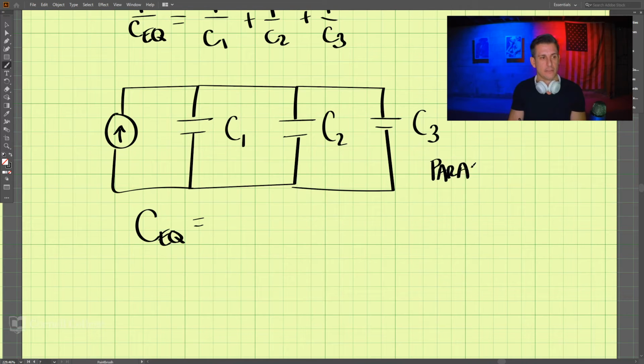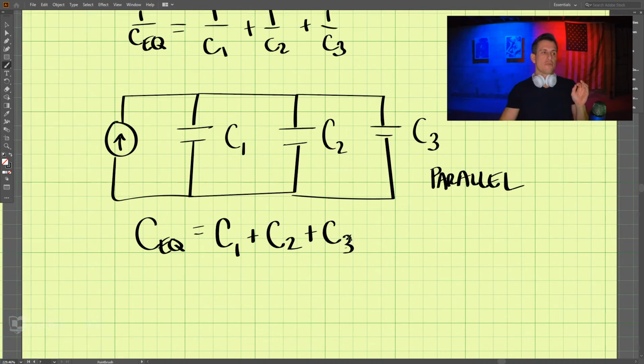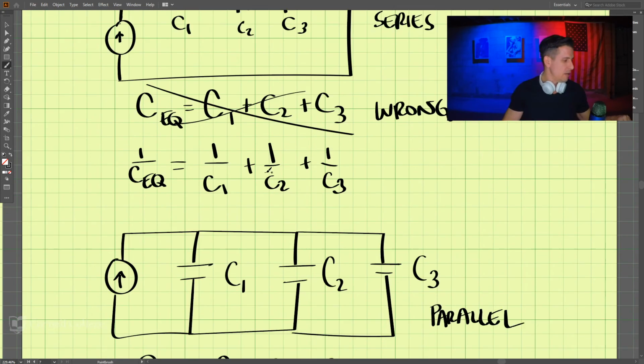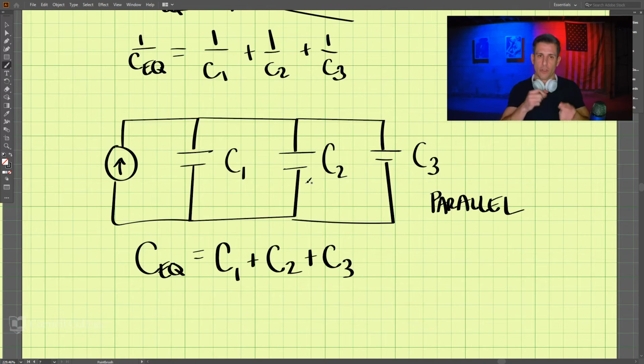So these are in parallel, so this is equal to C1 plus C2 plus C3. So remember, combining capacitors is the opposite of how we combine resistors. Remember that because we'll be doing a lot of problems with capacitors.